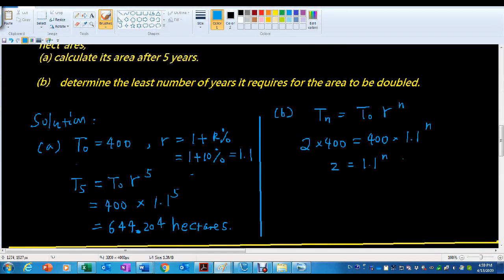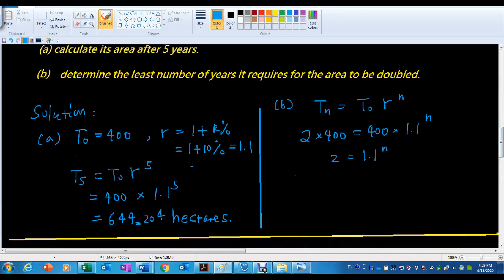So I go back here. By our calculator, we know that the least number should be 8.